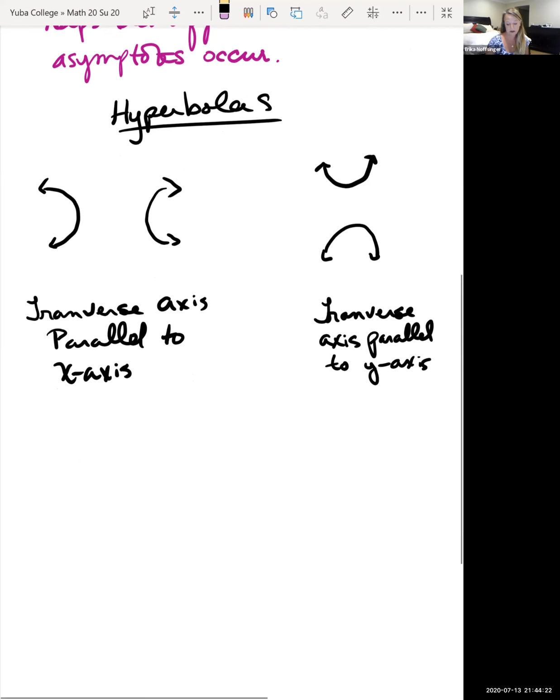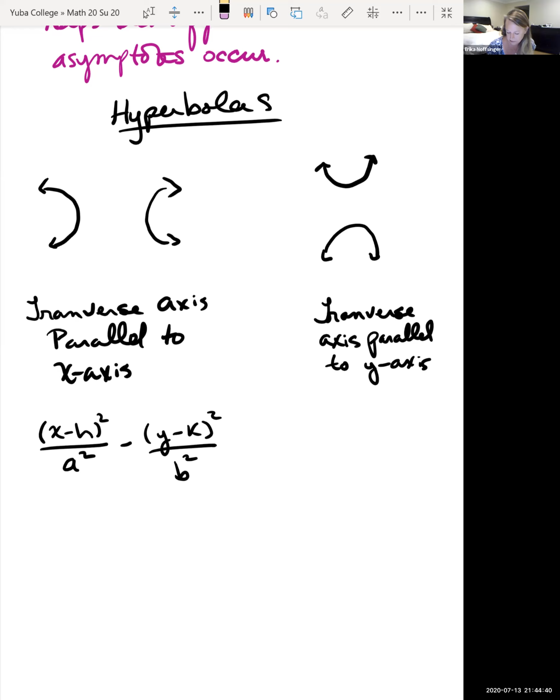Okay, so if it's parallel going left and right, and it's parallel to the x-axis, our form is going to be x minus h quantity squared all over a squared minus y minus k quantity squared all over b squared is equal to 1. Where our center is going to be at (h, k). Even though it's not really a point on our graph, it's going to help us with graphing it.